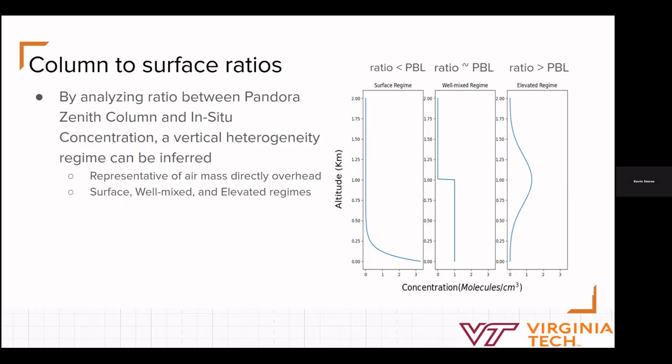And then as the distribution increases in altitude until we start seeing the majority of this trace gas is well above the surface and unmeasurable by these in situ surface instruments, we'd see the column to surface ratio sitting ideally or most likely even higher than the expected boundary layer height, which should be theoretically serving as a limit for how high these trace gases should actually be.